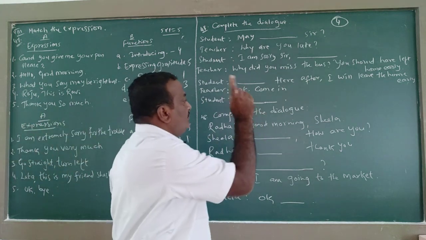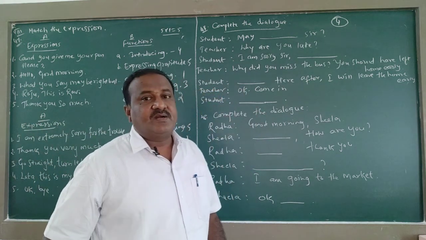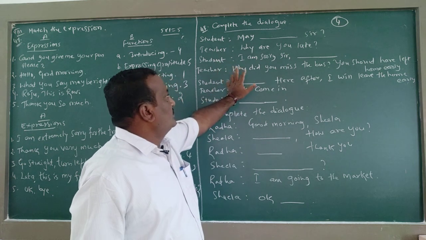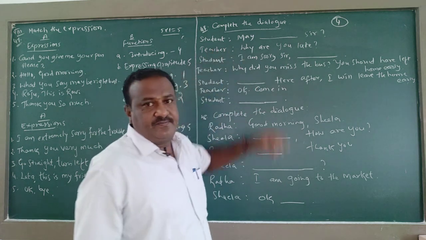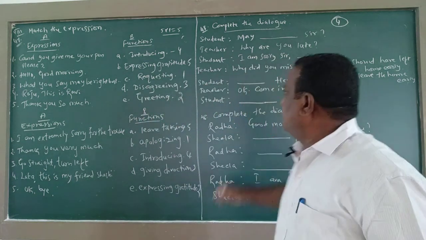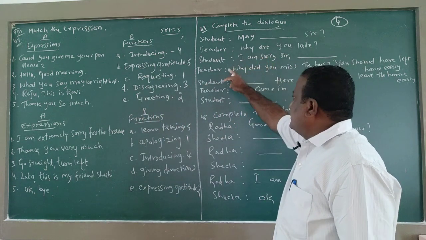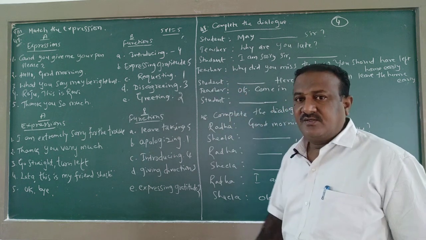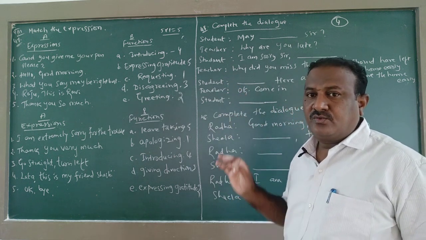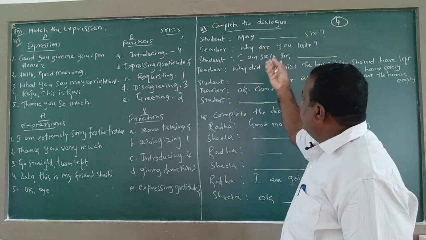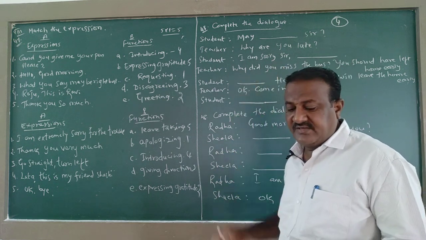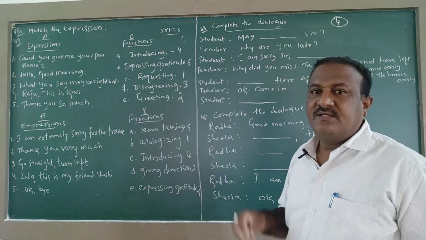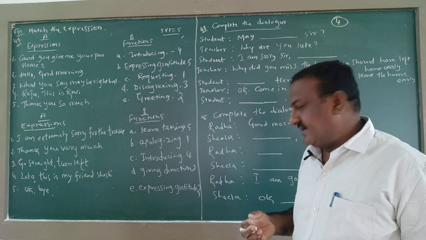See, here 4 marks. What we should do is, here student, teacher, student, teacher, student, teacher, student. So, you have to write a dialogue between, already they will be given, a teacher and the student, that student who has come late.